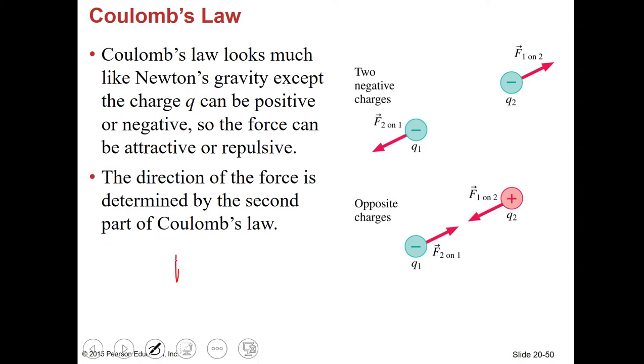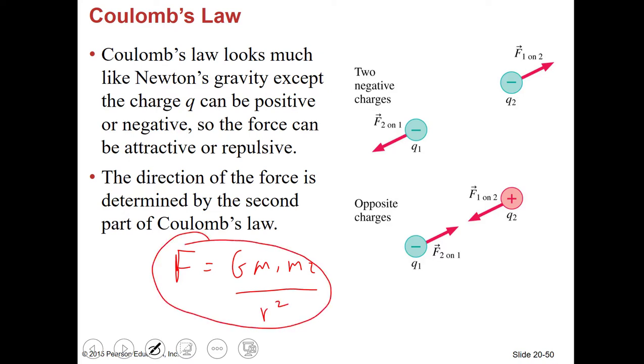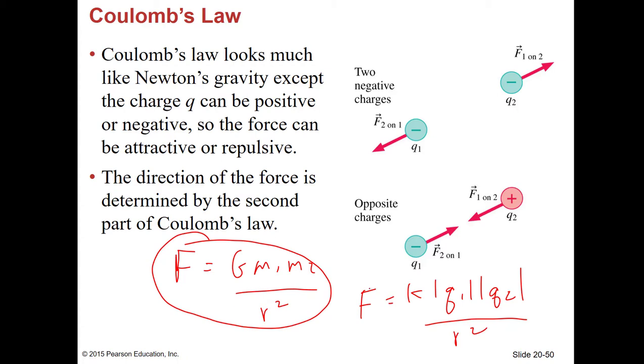So this is just to show you the similarity. This is what I'm writing here, M1, M2, Newton's gravitational force law. This was what we did in physics 220. Here, with electricity, it looks the same in form. Constant, Q1, Q2, distance between them squared. So you can see the similarities.